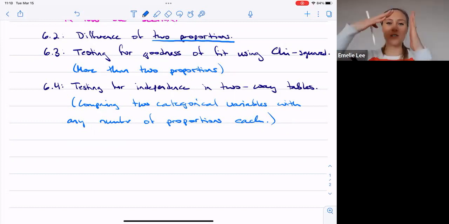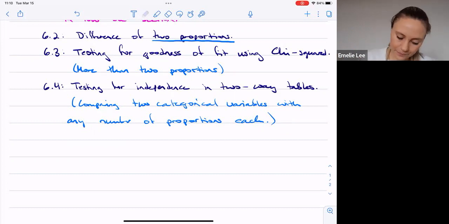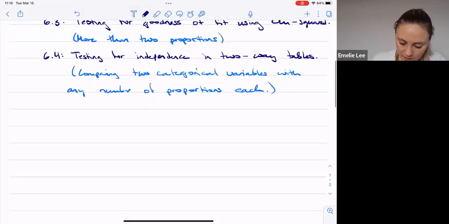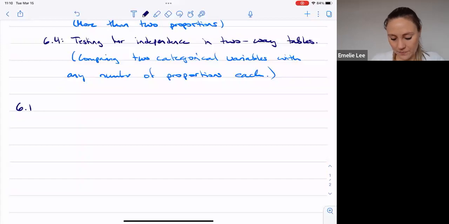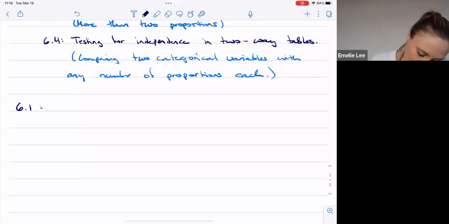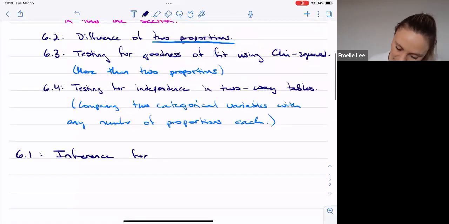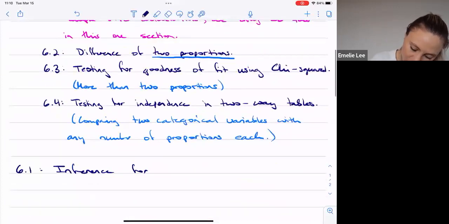And then what if I have two categorical variables? Then I can make a two-way table like this, and I can compare the proportions for independence, which is what we're going to focus on. Okay. So 6.1 was called inference for a single proportion.